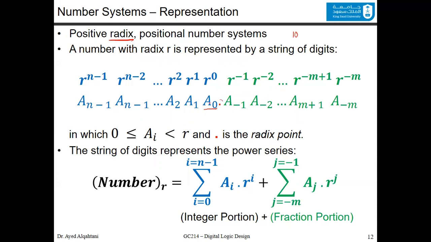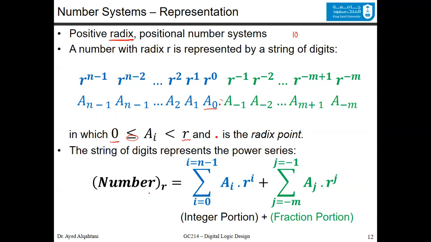Now, these digits from A0 to AN-1 could have any value between 0, including the 0, up to R, but excluding the radix R. And we have this point, which we give a special name, the radix point.